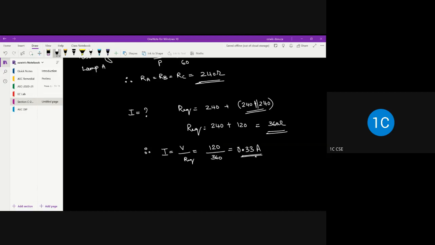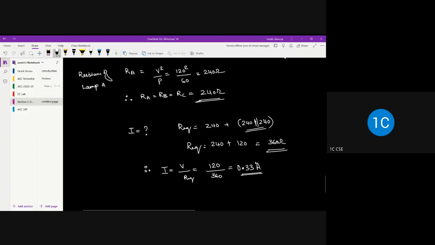This is one way of doing the problem. An alternate way, if you ask me, is the voltage division rule. You can even use the voltage division rule. Fine, so that's my current.